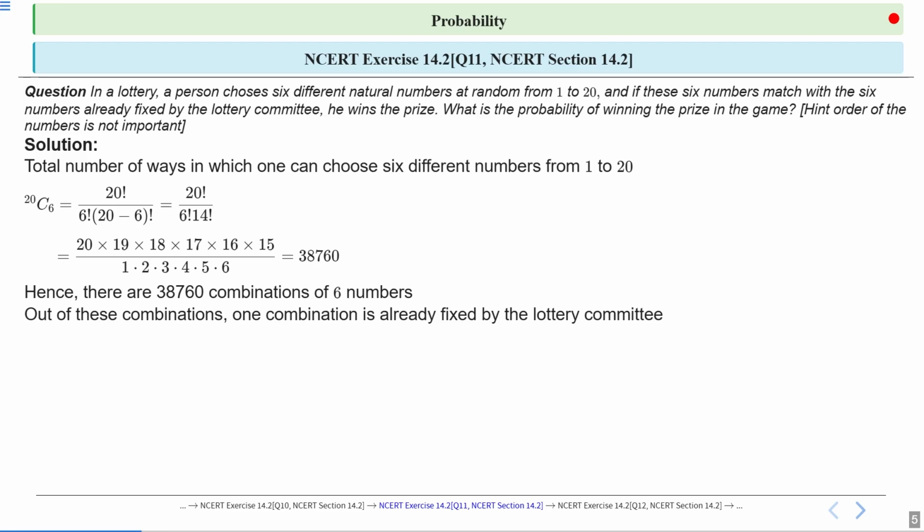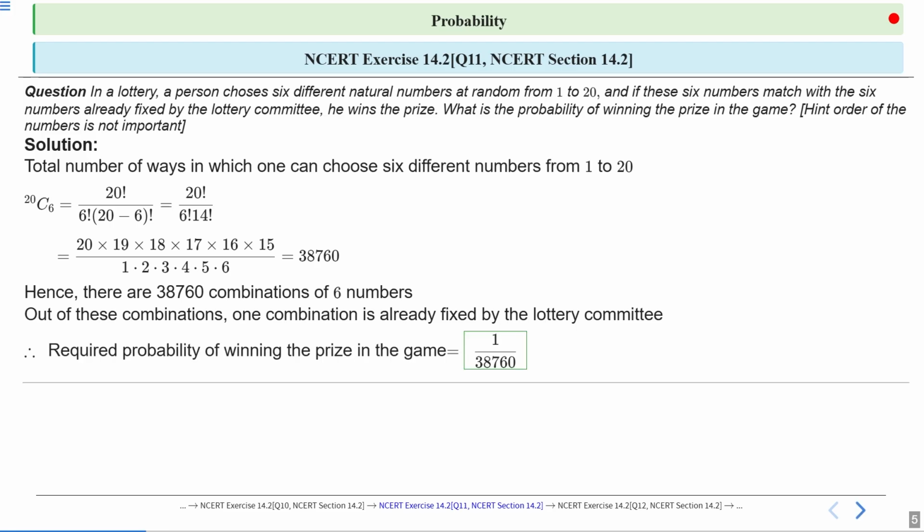Out of these combinations, one combination is already fixed by the lottery committee. So what will be the probability of winning the prize in the game? Therefore, the required probability of winning the prize in the game is 1 over 38,760. Clear?